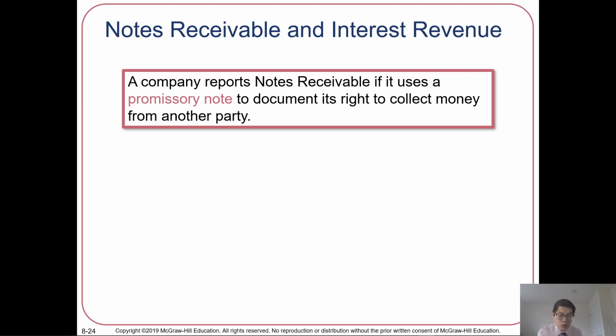Similar is true for notes payable. It just depends on the size of the deal or transaction. You could either have accounts receivable or accounts payable, or notes receivable or notes payable.